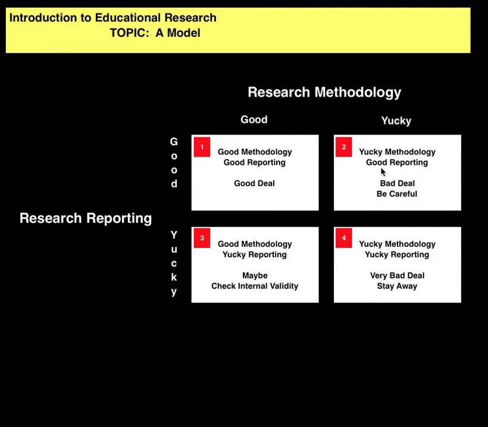In other words, it sounds good, but the methodology is yucky. You want to avoid that. That's not a good deal. If methodology is poor, then the findings cannot really be trusted. Now, here, you may have a piece of research methodology that is really good, but the reporting is not that good. Well, don't throw this away yet.